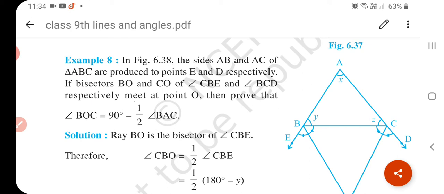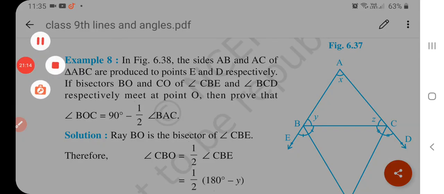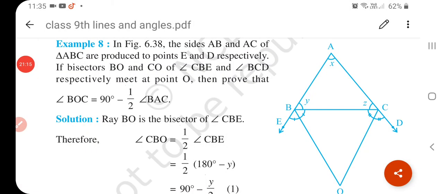Why? Because BO is the bisector of angle CBE, this full angle, so this angle and this angle are equal. Now CBO is equal to 1/2 CBE.